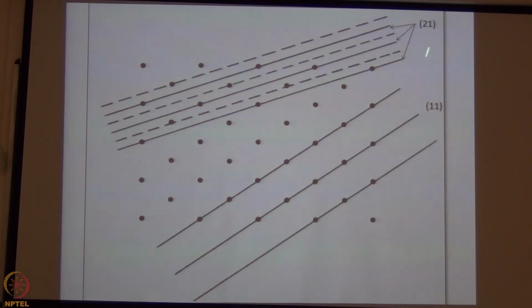Now look at this. If it is 2, 1, there is a systematic absence. What about 2, 2? What about 2, 2? Think about it carefully. When it is 2, 2, that means it is cutting here half and there half, going like that, in between.